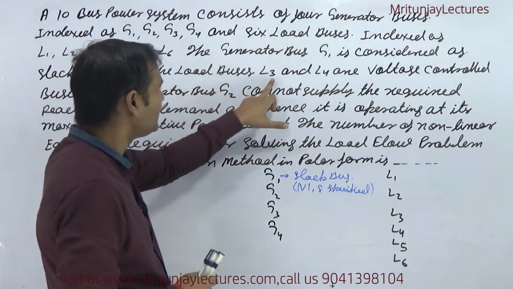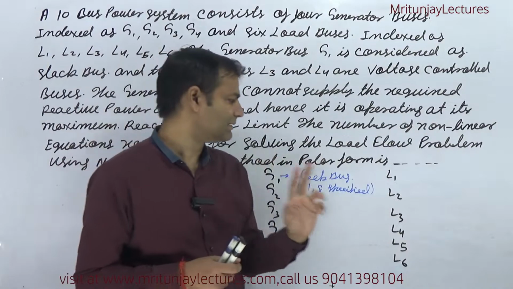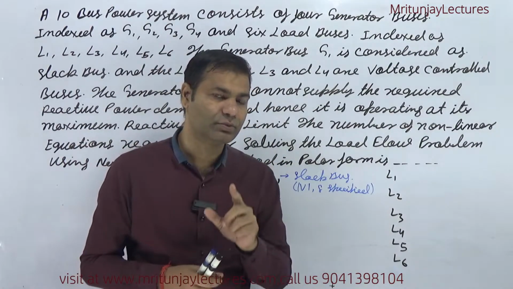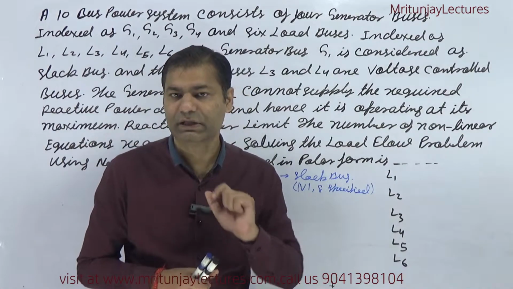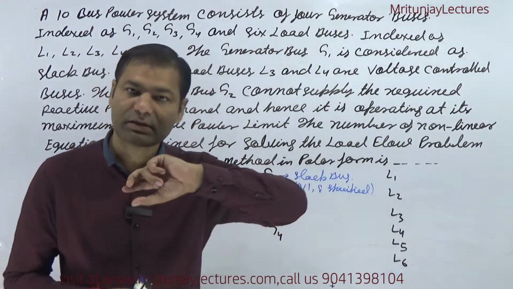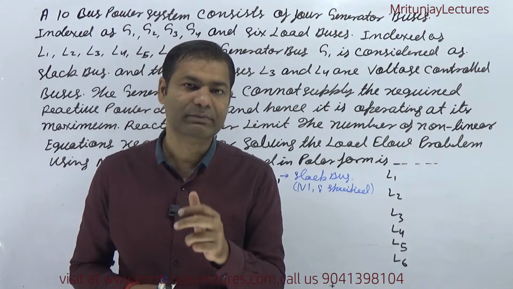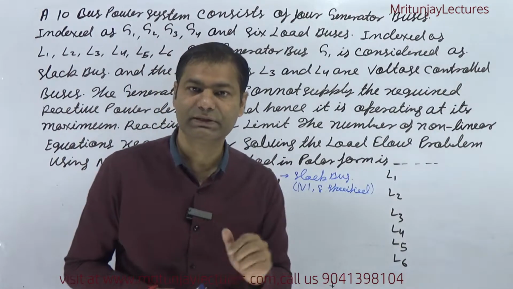The load buses L3 and L4 are voltage controlled buses. Voltage control means V constant. If V is constant, that bus is turned into PV bus. I know that in PV bus voltage is always constant.